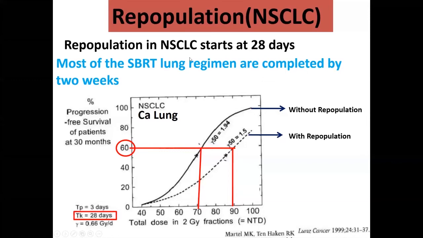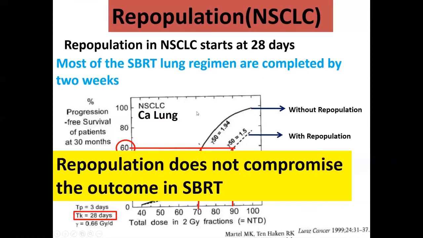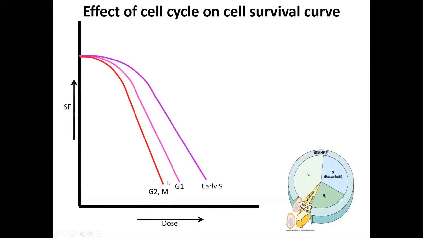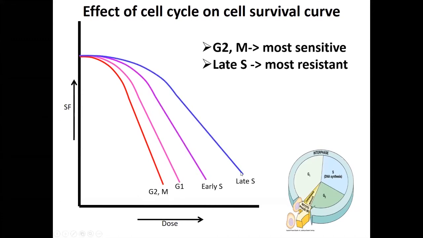In fact, this is the only R which has an advantage in non-fractionated radiotherapy over fractionated radiotherapy. So that was about the repopulation, then redistribution. If you look at the effect of cell cycle on cell survival curve, we all know that G2M is most sensitive and the late S is least sensitive or most resistant.